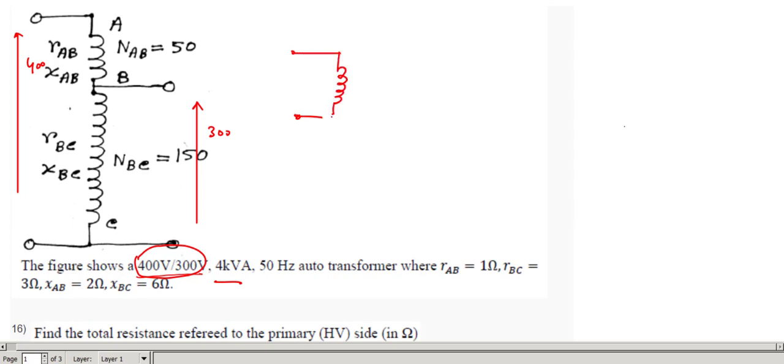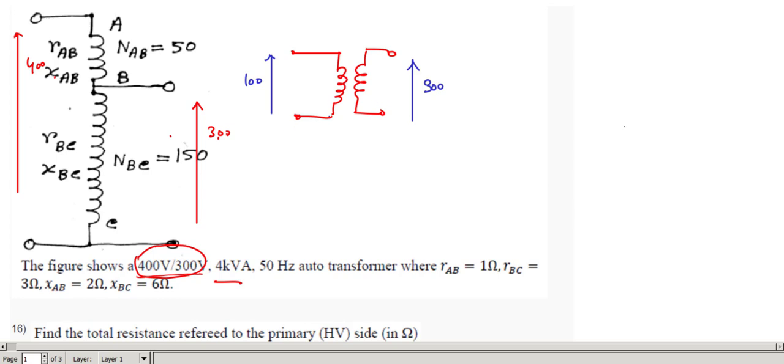If I know the transformation ratio, then I can transfer easily. So primary of 400 and this is of 300. 400 minus 300, how many volts is there? So this is 100 volts primary. How much is secondary? This is 300 volts. Right.